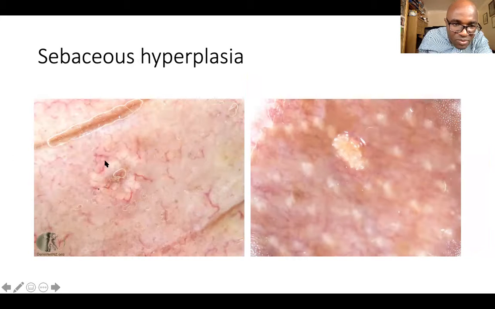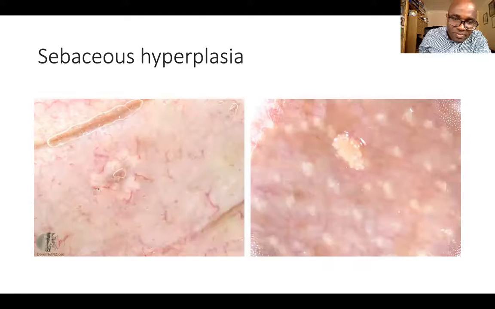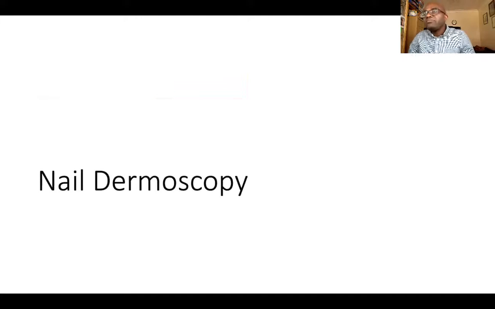Yes, I can see why people refer this thinking of arborizing blood vessels, but it's really these whitish areas in the middle that tell you clinically this is sebaceous hyperplasia. Also, there will be multiples of these, and you will rarely find a single sebaceous hyperplasia. Maybe some patients who are immunocompromised or immunosuppressed, on chemotherapy, will present with these lesions. But this is sebaceous hyperplasia.